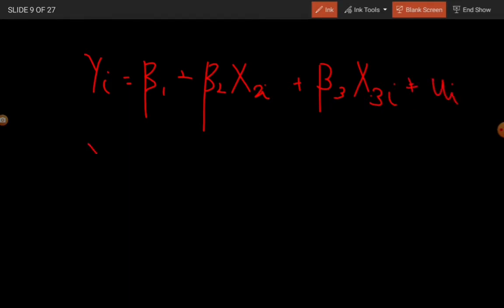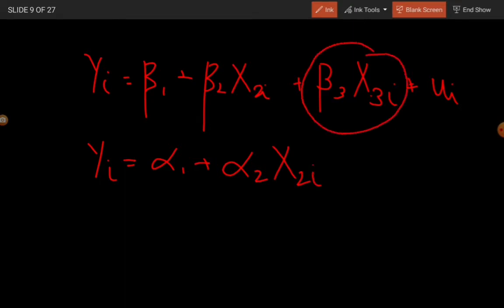And you have not run this model, you have run the second model, which is alpha 1 plus alpha 2 x2i. That is, you are omitting x3. Since the model is different, the error terms have to be written using a different letter, that is vi. And like I said, the combined influence of beta 3 x3i plus ui is what is coming under vi.